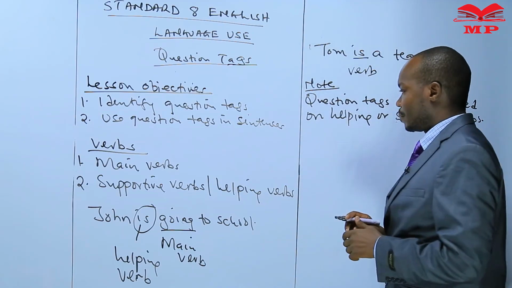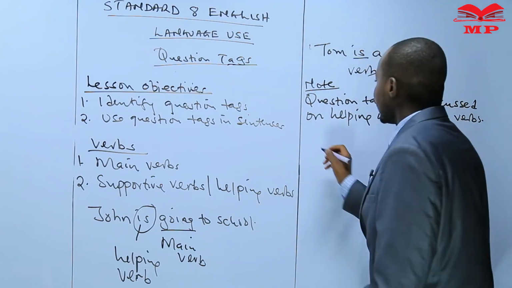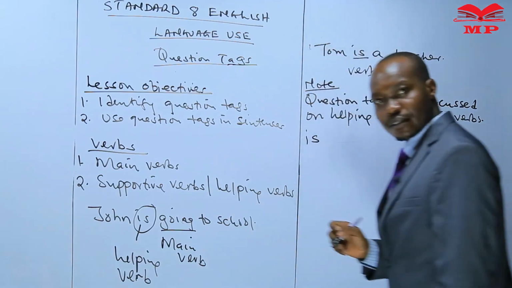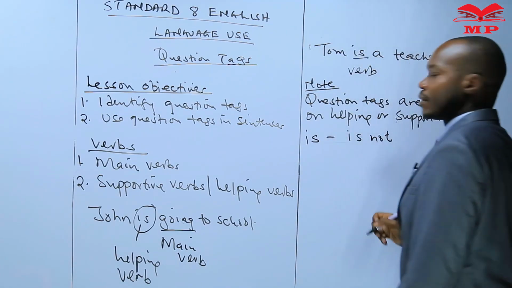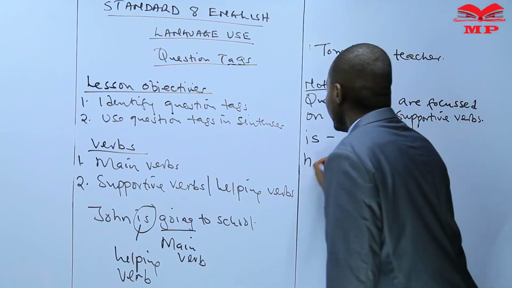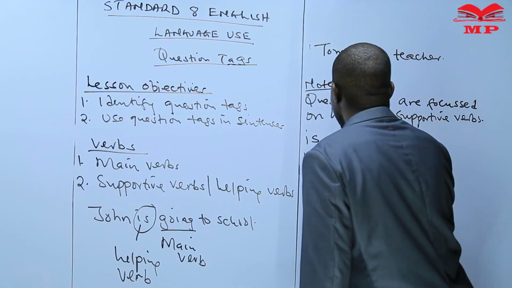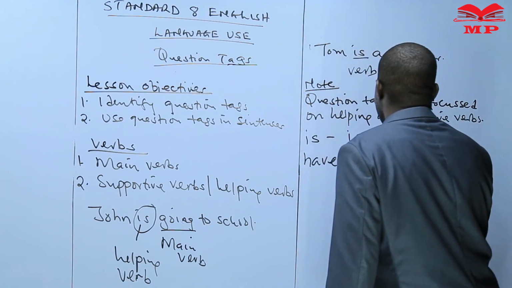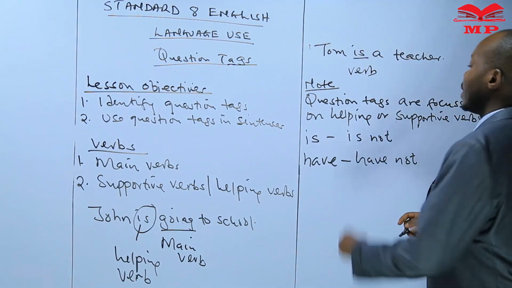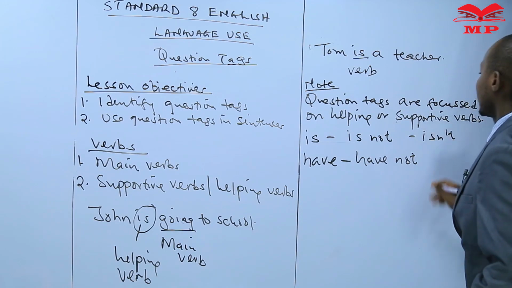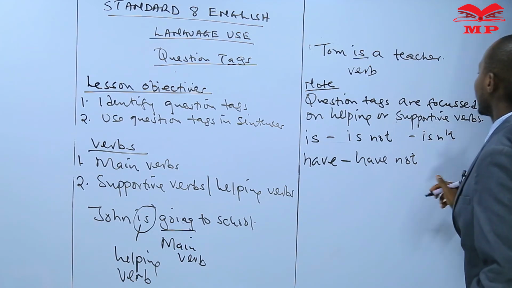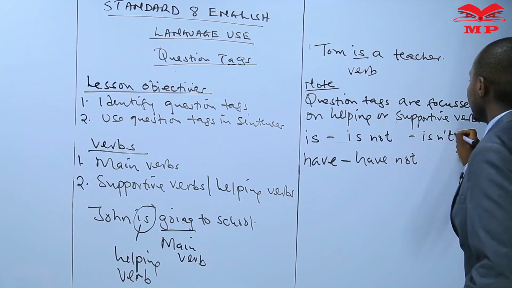I'll give you an example. For example, if you have the verb "is", you say "is not". Have, we shall say "have not". "Is not" is written as "isn't". In short form, we write as "isn't".